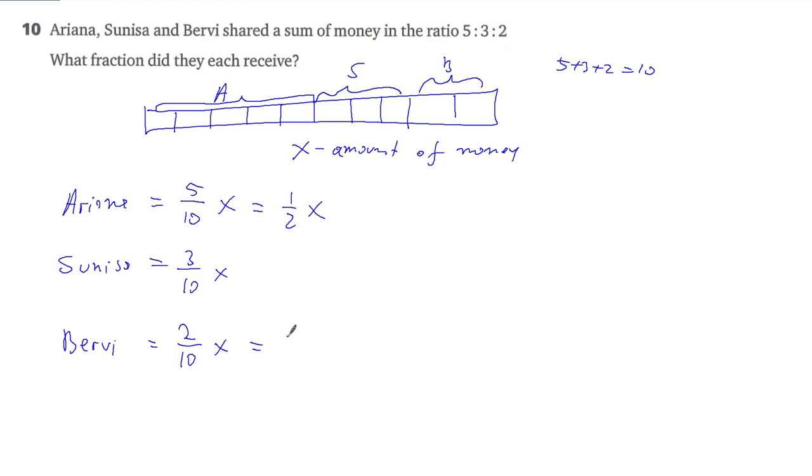Well, we can simplify by 2, so we will have 1/5 of that money. Ariana will take 1/2 of the money, Sunisa will take 3/10 of the money, and Bervi will take 1/5 of the money.